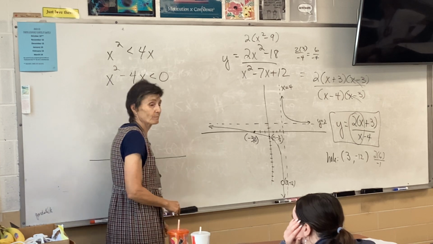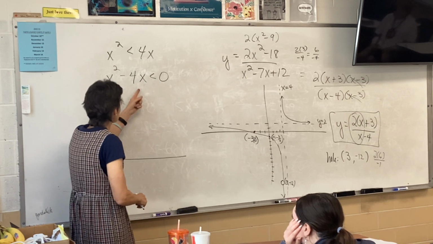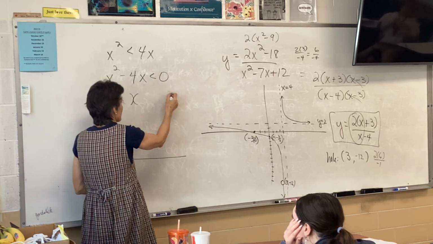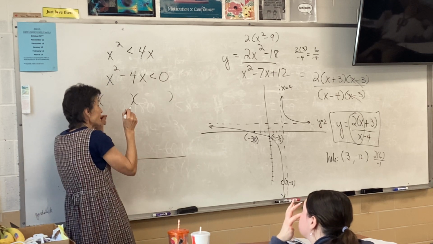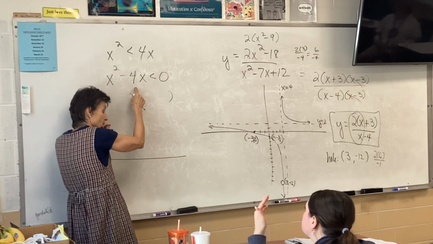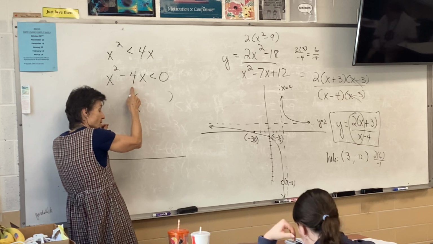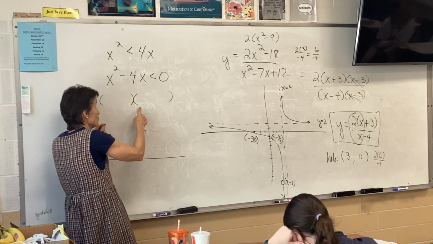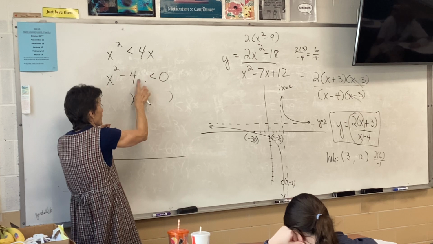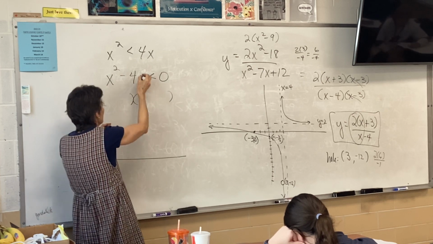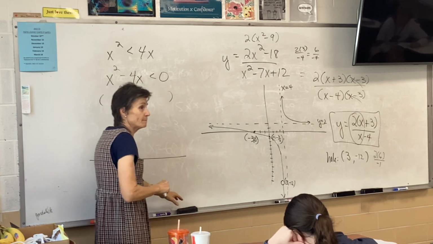Nope. This does not factor into two parentheses. This is two terms. The only two-term expression that will go into two parentheses is the difference of squares. So that would. That doesn't. What? Take the X out.